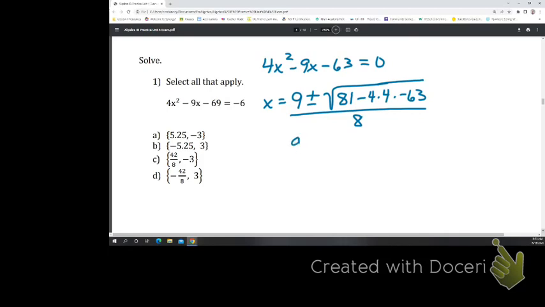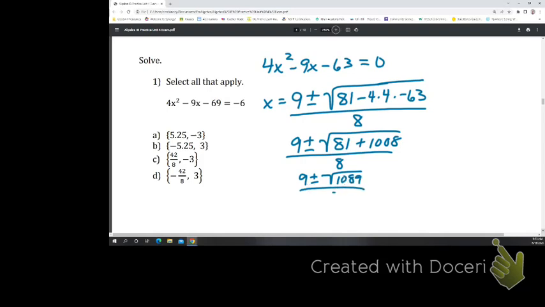So all that multiplying up there, some of you may put more of this in the calculator. That becomes that, 1008. And so this is 1089, which is a nice perfect square. So this becomes 9 plus 33 divided by 8, and 9 minus 33 divided by 8. So we have 42 over 8 and negative 24 over 8, which is the same thing as negative 3.